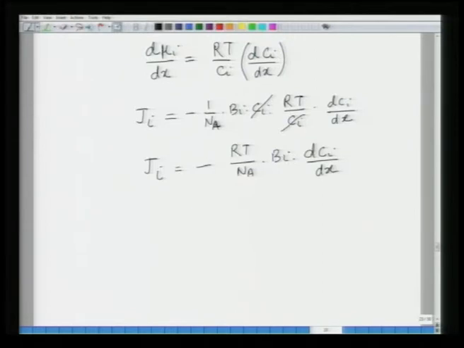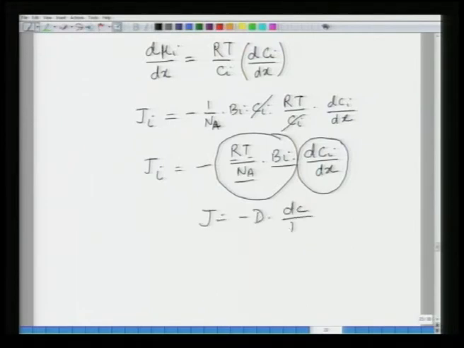Now, if you look at this expression, it has some similarity to Fick's first law, because you have a concentration gradient here and another factor which is a constant, or you can assume it as a constant at the moment, because it consists of absolute mobility, Avogadro number, temperature and gas constant. And what does this look like? This has the form of J equals minus D dC by dx.